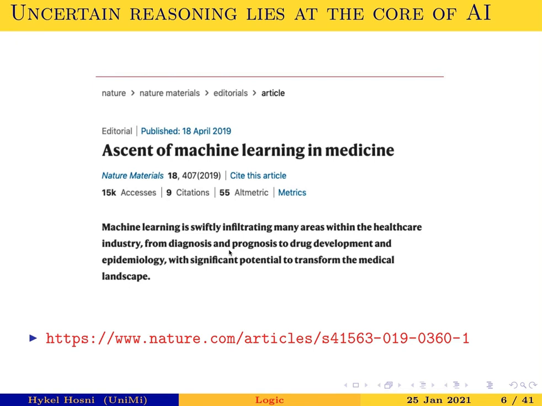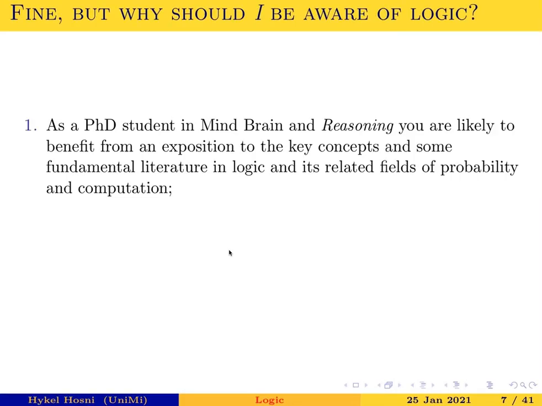Given your own PhD, given the background of some of you, I think it's really important that you are aware of the conceptual machinery which eventually leads to machine learning. So that's the technical motivation. Awareness and techniques, those are my two ways of justifying the topics in this course.